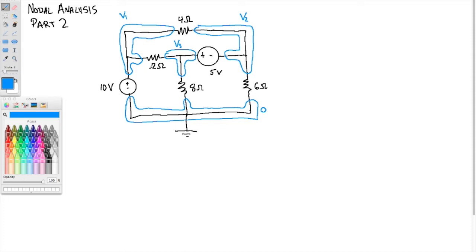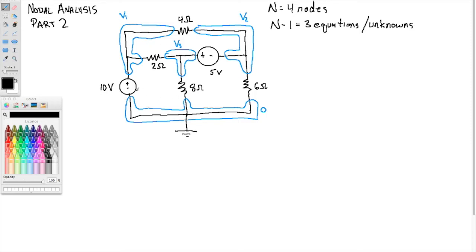So here we have n equals 4 nodes, and so previously we would say we needed n-1 equals 3 equations and unknowns. We would write those equations in matrix form and use reduced row echelon form to solve that.